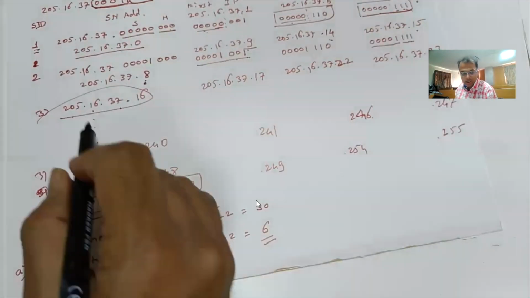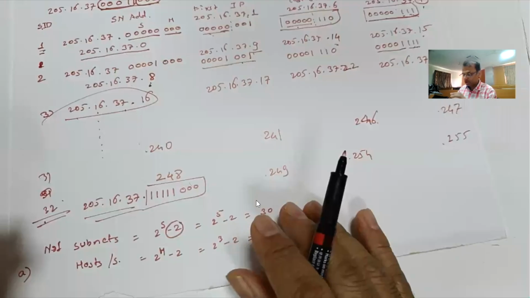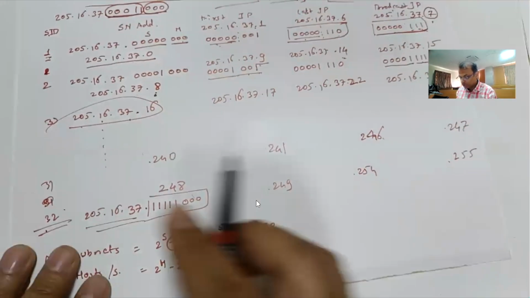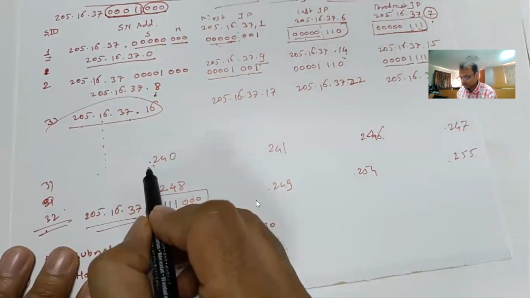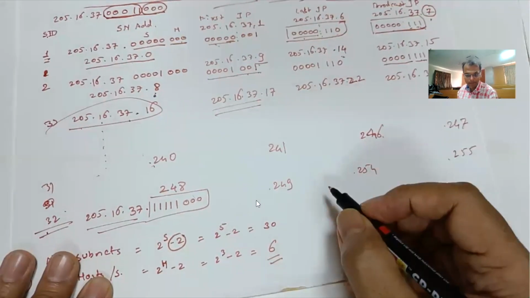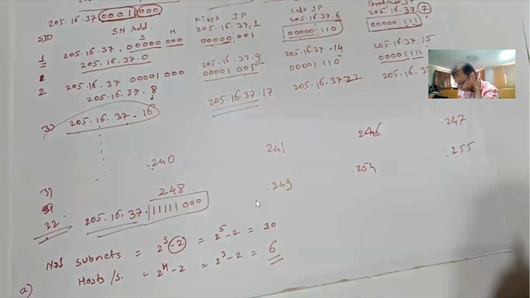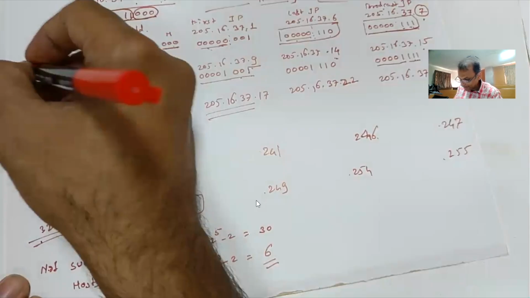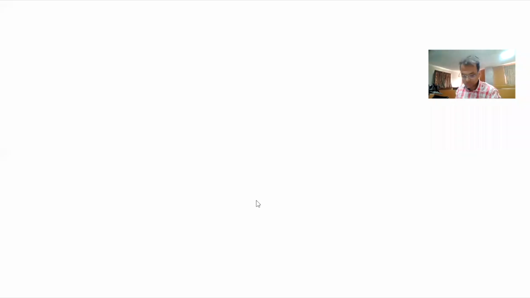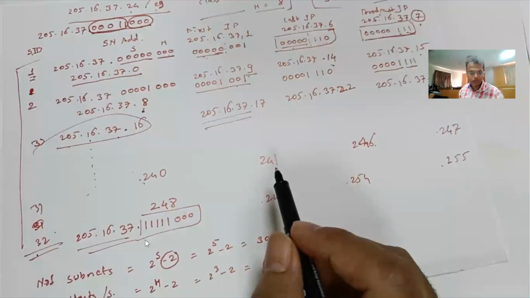Now I'm using some shortcuts here, but when you solve this example in an exam, you cannot keep this as an answer. You have to write this completely. So this is the complete scheme with the problem which is asked: network ID, broadcast ID, that we have already calculated for each one.